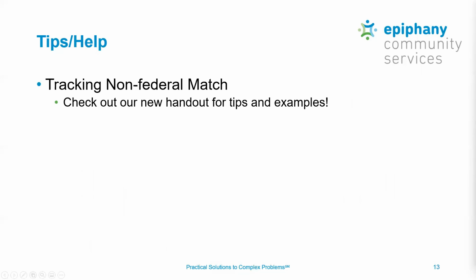And then the last tip we wanted to talk about was actually this new handout that we just created. It's going to be coming out here in the next couple weeks, so keep an eye out for it. It's called the Non-Federal Match Tracking Sheet. And it's basically just full of ideas and tips to help you guys meet that non-federal match component that a lot of our clients on DFC have to have, right?